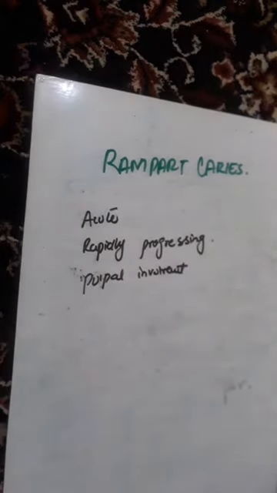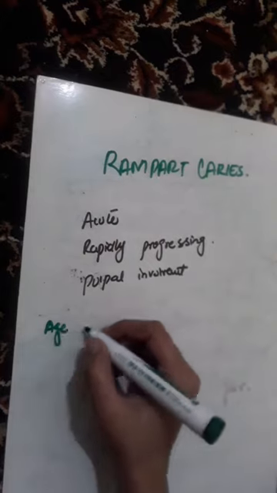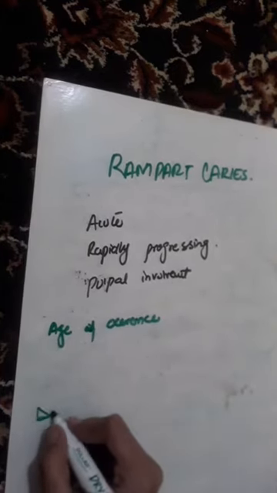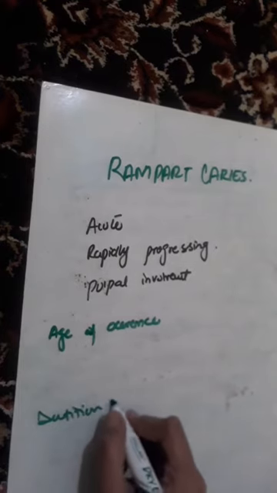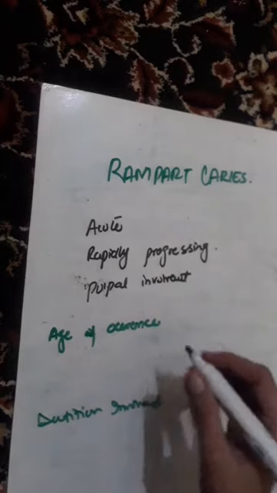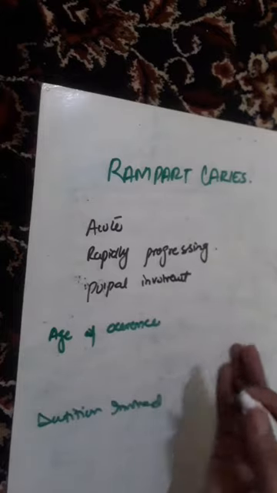Now moving towards the age of occurrence and the dentition involved. As we have studied earlier, nursing caries, as the name suggests, only happens in infants, while rampant caries mostly happens in infants, adults, and adolescents.